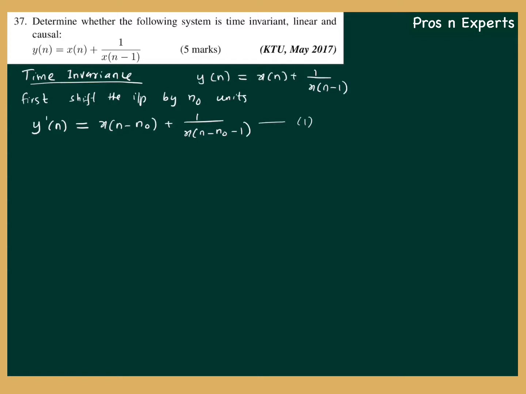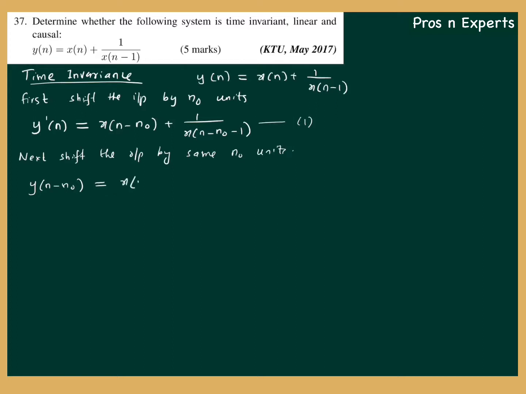Alright, now what is the next step? Next, shift the output signal by the same n0 units. Okay, therefore y of n minus n0 becomes, you can use this equation to evaluate. Y of n minus n0 is equal to, since it is a function in n, wherever you find n, replace it by n minus n0.